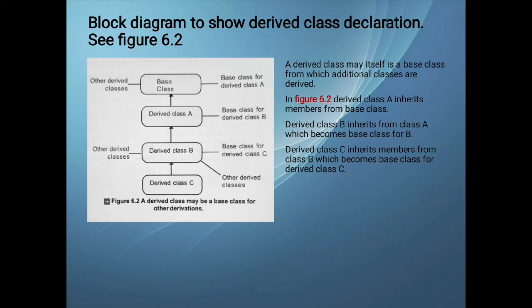So in here you can see the block diagram to show derived class. So if you look at figure 6.2, in the top rectangular box you have the base class, and then below that you have derived class A, derived class B, derived class C. Okay.